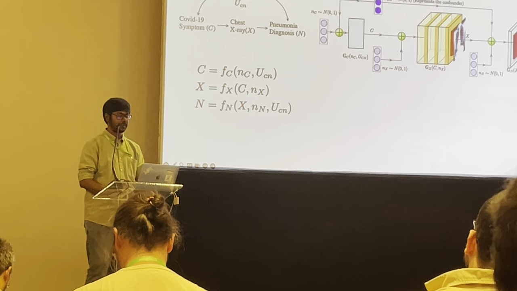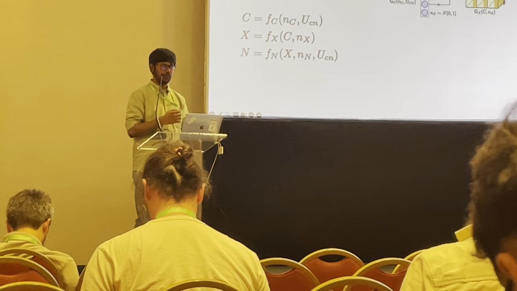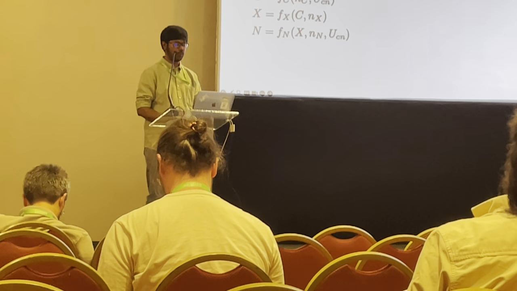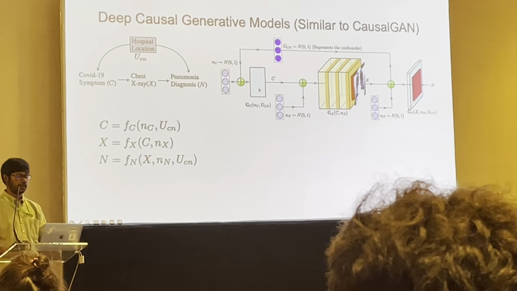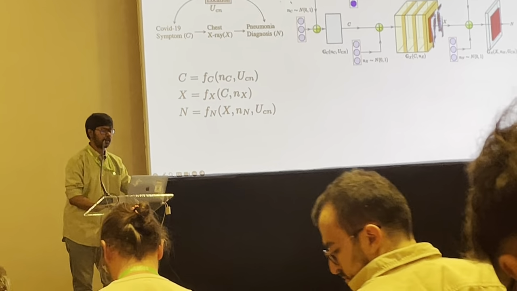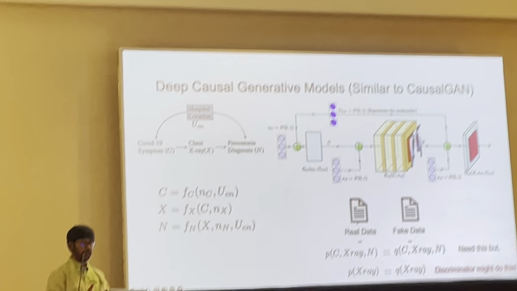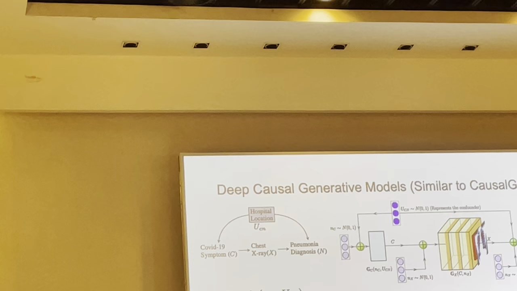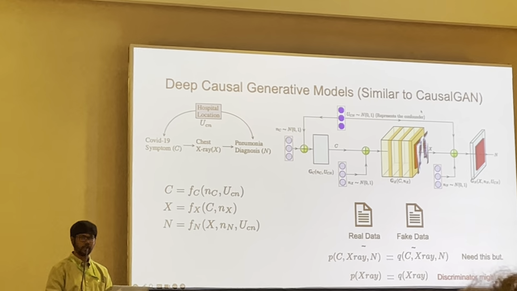If you remember, I said that when we have an unobserved confounder, we sample one vector and we feed it to both mechanisms. So here we sample the same Gaussian vector and we feed it to both the COVID mechanism and also the pneumonia diagnosis mechanism. That is how we fit this observational distribution. So after that, we can generate fake data from here, and we have real data. Then we can match this observational distribution, and then we can train these neural networks, right?